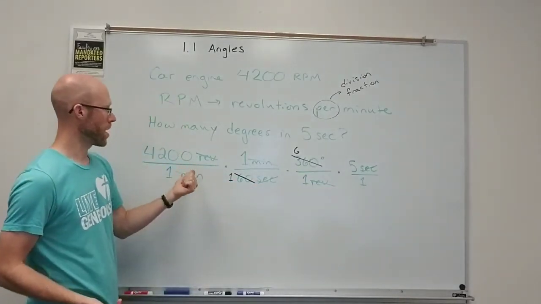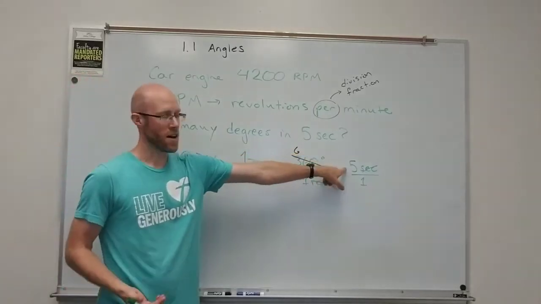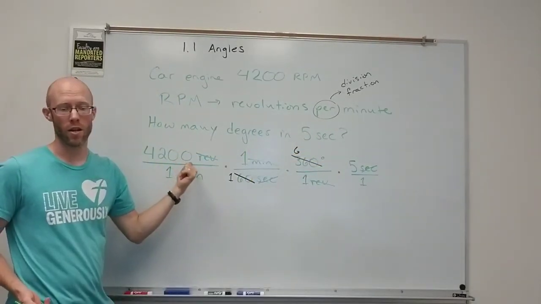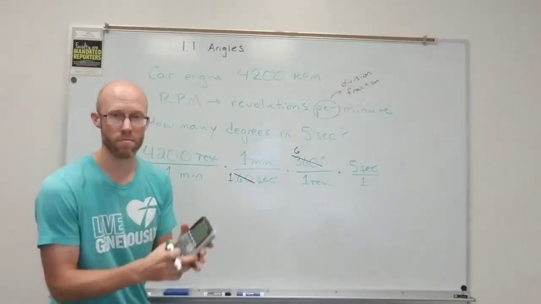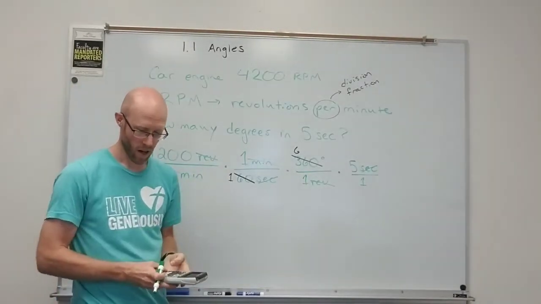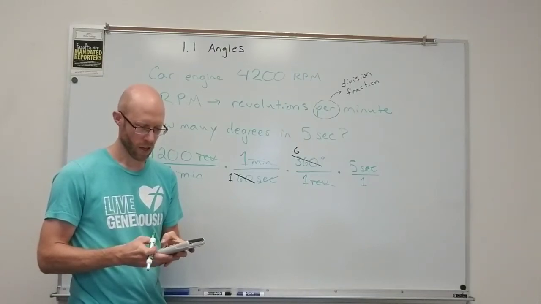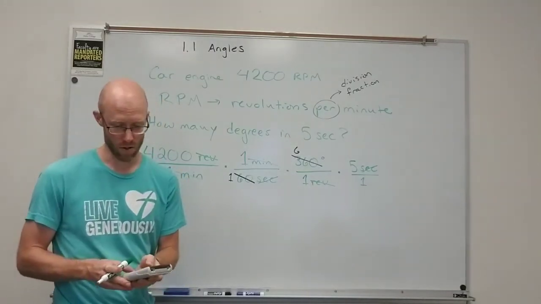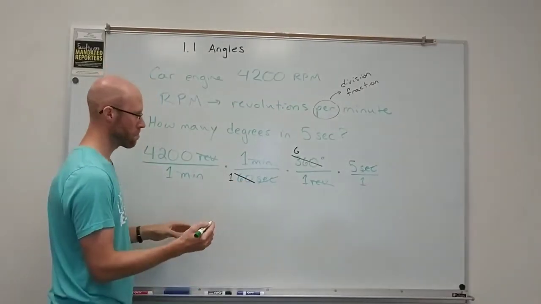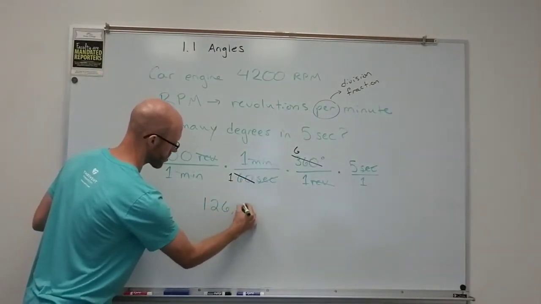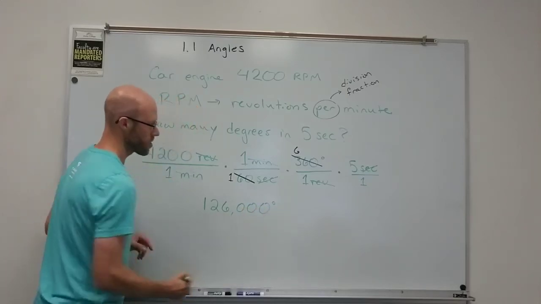I just multiply. 6 times 5 I know is 30. 30 times 4,200, calculator again, is 126,000. So this ends up being 126,000 degrees.